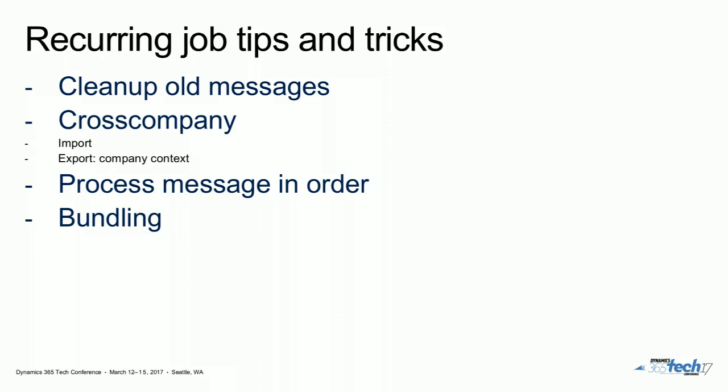And on the recurrence batch setup for import, we also have something called process message in order. So remember, I walked you through a scenario where the sales orders are getting created for a mobile insurance company, right?